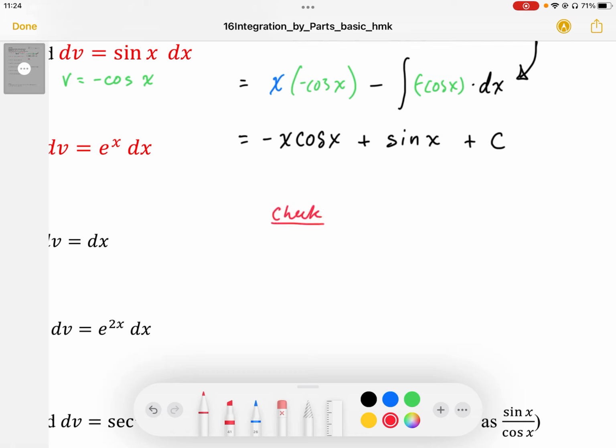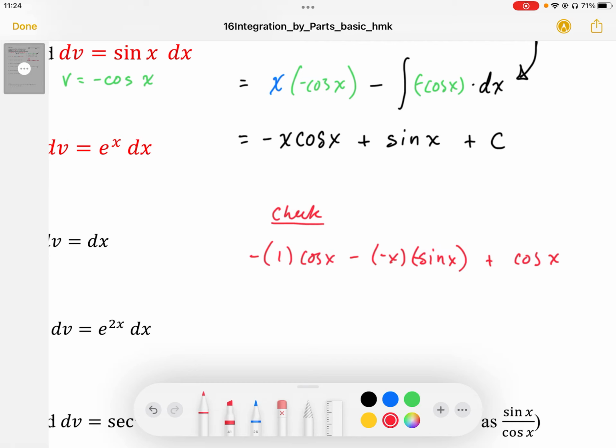If I differentiate the answer, I'm going to end up with 1 times cos x plus x times the derivative of cos, which is sine, so negative sine, plus the derivative of sine, which is cos, and then the derivative of c is 0.